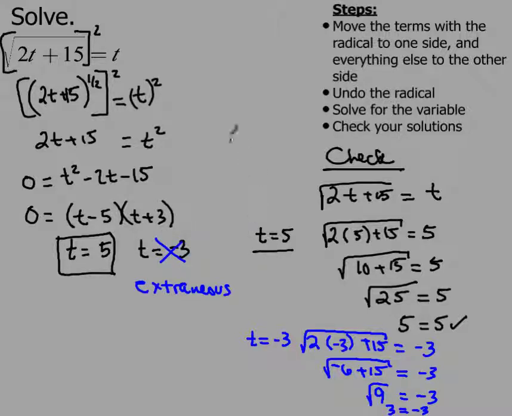Now, of course, we could always take a look at this and say, if we go back and look at the blob that's underneath the square root, anytime you have the square root of some blob, whatever is underneath there, that cannot be equal to a negative number, ever. Okay, you can have negatives underneath the square root.